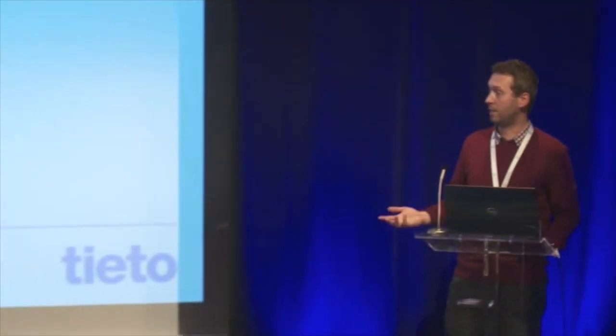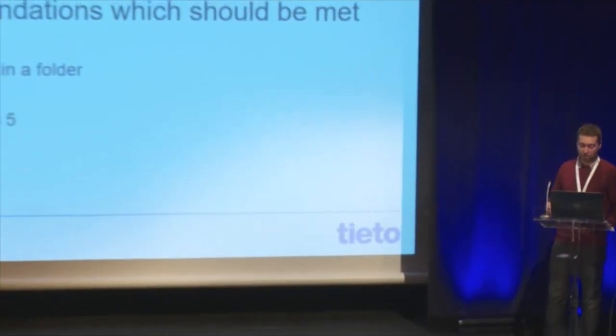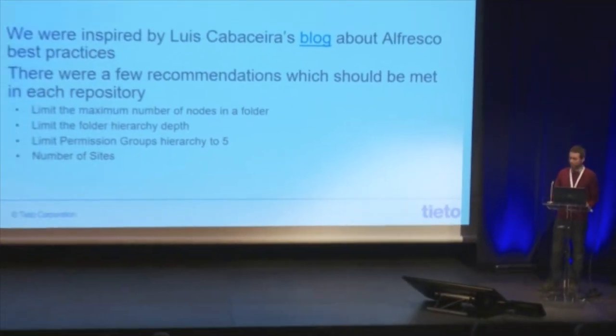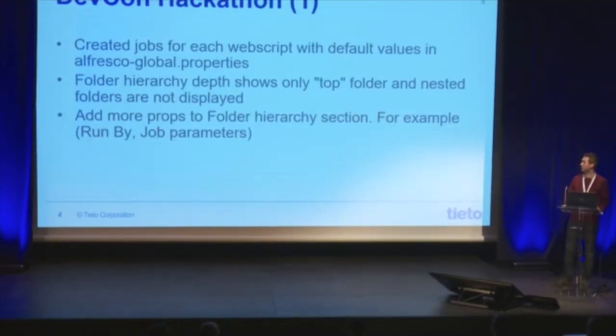So for example, let's say that some folder shouldn't contain more than 10,000 files or folders, basically nodes. And there are other things as well, like hierarchy depth, nested permissions, groups and number of sites and those kinds of things. So all those things are, let's say, best practices in Alfresco, and we decided to create this add-on which would cover some of those things.